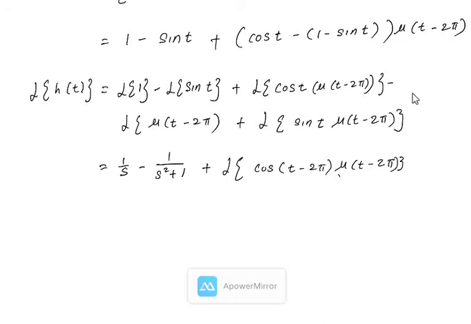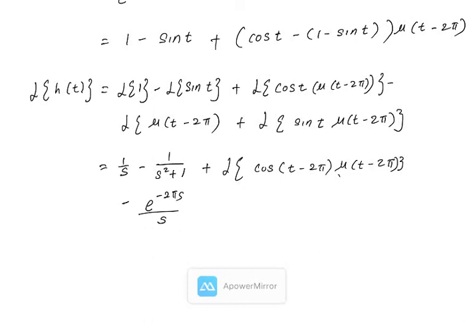Okay, and then minus with Laplace transform. Okay, this one Laplace transform unit step t minus 2 pi. We can change it into exponent minus 2 pi s over s.